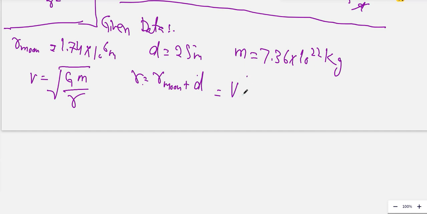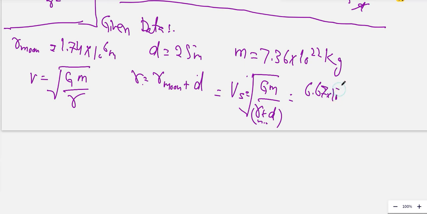V is equal to under root G M over r Moon plus distance d. So we have 6.67 into 10 to the power minus 11, and the mass of the Moon 7.36 into 10 to the power 22 divided by 1.74 into 10 to the power 6 plus 25.